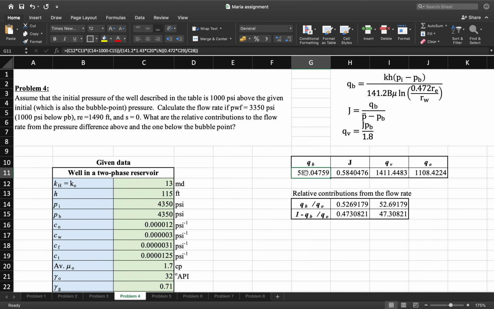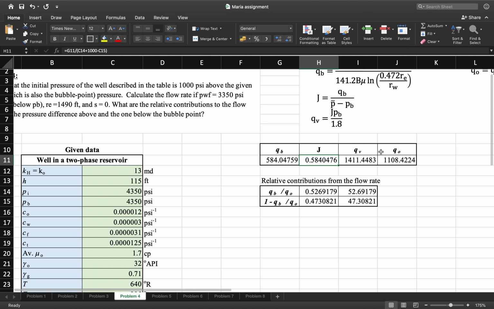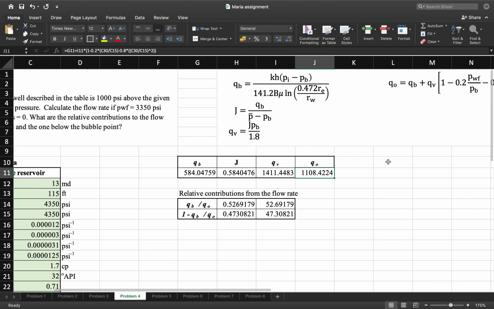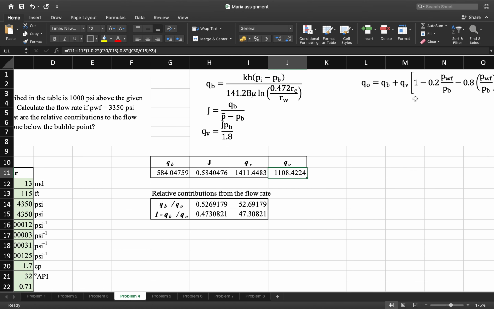I will calculate the Qb here, and after that, when you have the flow rate at the bubble point, you will calculate the J, and also Qv and Q0 in this formula.